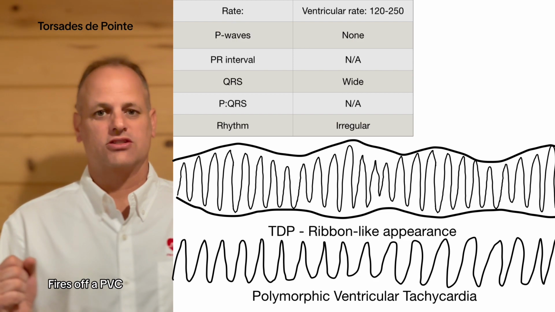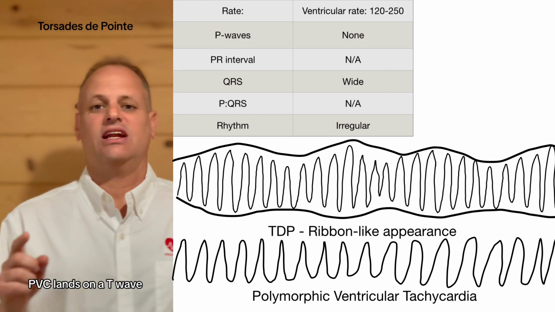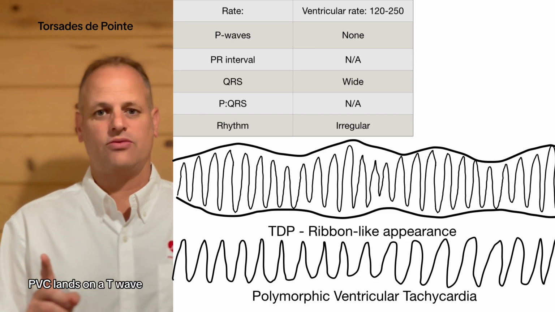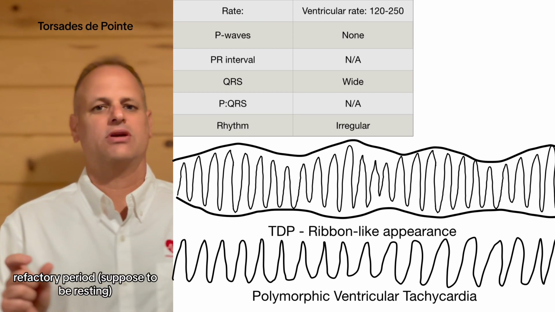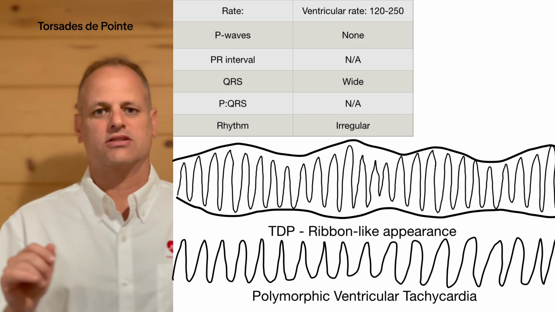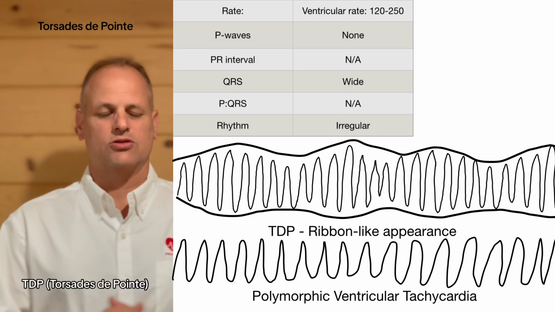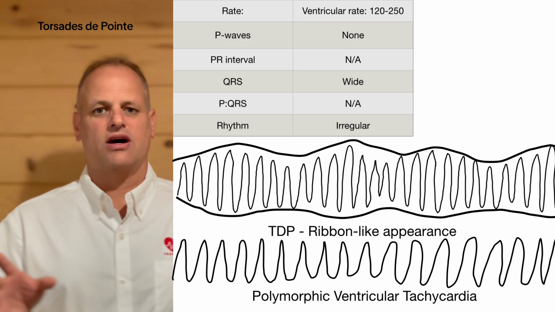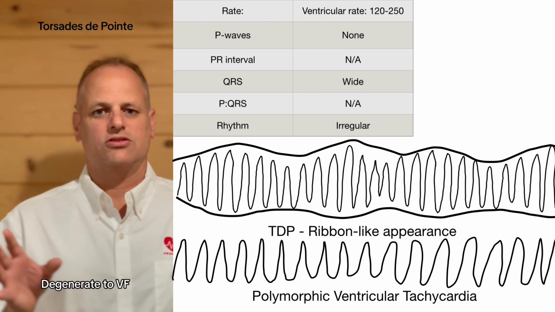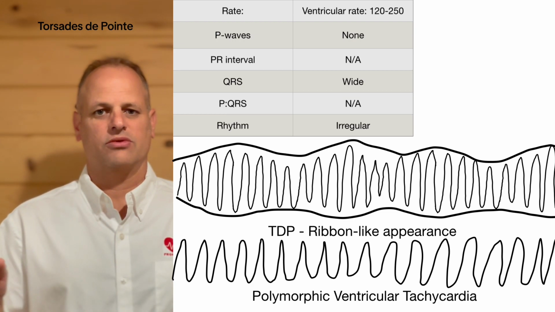It fires, so now you have a PVC, and if that PVC lands on a T wave, more specifically on that relative refractory period, it's going to cause this particular rhythm, Torsade de Pointes. And if this is sustained, Torsade de Pointes is going to degenerate to VF or ventricular fibrillation.